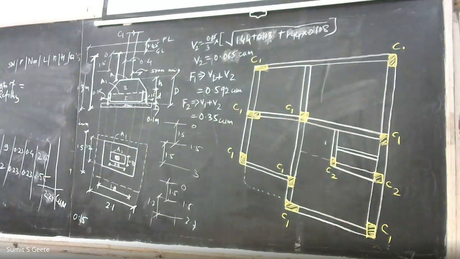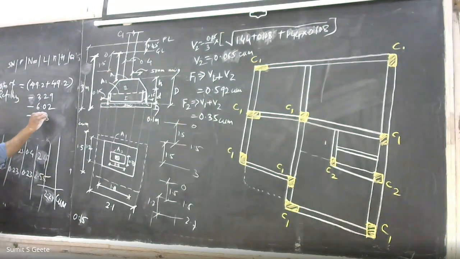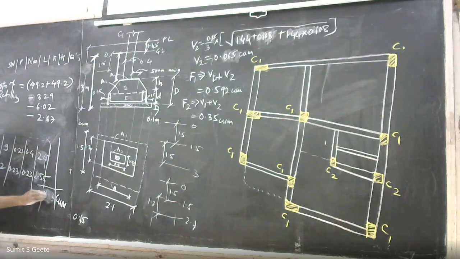So tell me expression quantity पहला सेकंड का करके मैं टोटल मतलब बाइफरकेट करता. 49.2 plus 49.2 plus PCC कितना है, PCC वॉल्यूम कितना है, 3.28 minus minus RCC volume summation 6.02 minus ये 2.67, 2.25 कर रहा है, 2.67.